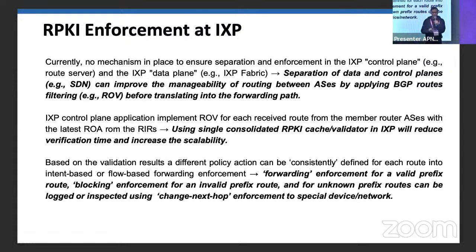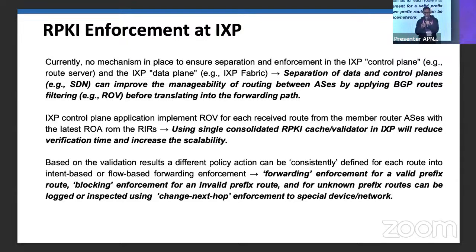And the last one, I think most important, is that you need to have consistent enforcement in the IXP. That means if one member wants to block invalid routes, every other member should do the same, right?